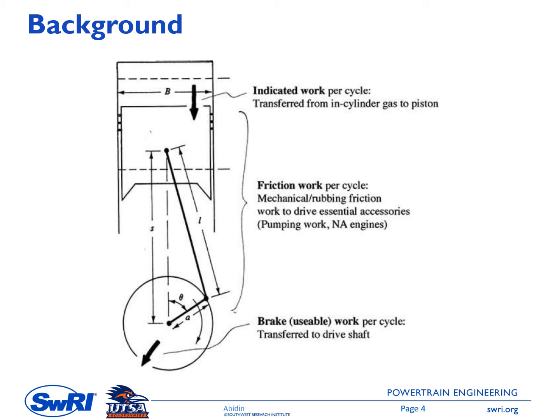This figure is showing a schematic of the workflow within the engine. So we have an indicated work here. This is the energy transfer from the in-cylinder gas to the piston. So this is indicated power. And then if you can see at the bottom here, it is the brake or usable work per cycle that is transferred to the drive shaft.